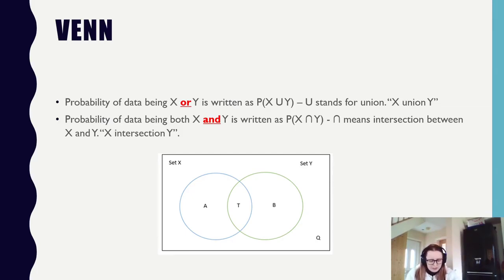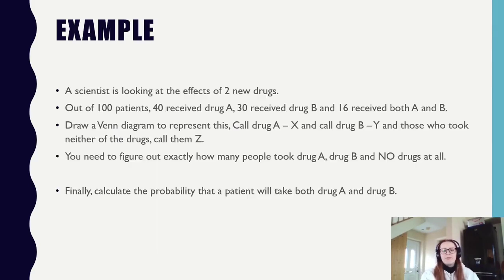So instead, I'm going to go over an example. A scientist is looking at the effects of two new drugs. Out of 100 patients, 40 receive drug A, 30 receive drug B, and 16 receive both A and B. Draw a Venn diagram to represent this.